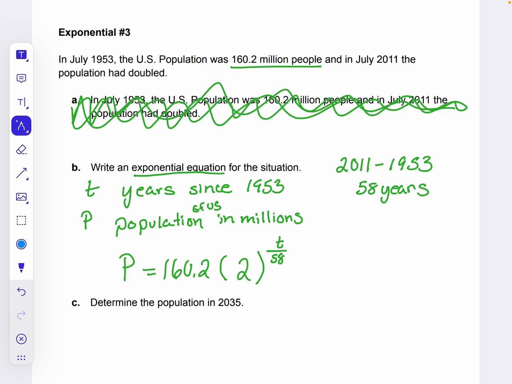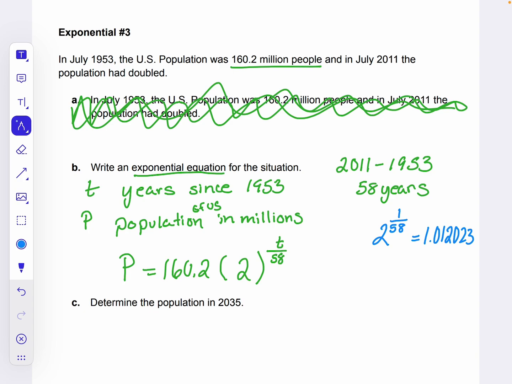To find it, I would do 2 raised to the 1/58, because I want the 1 year out of the 58 years it took to double. This gets me the annual growth factor, and in this case it came out to 1.012023. I like to keep a lot of extra decimal places just in case.